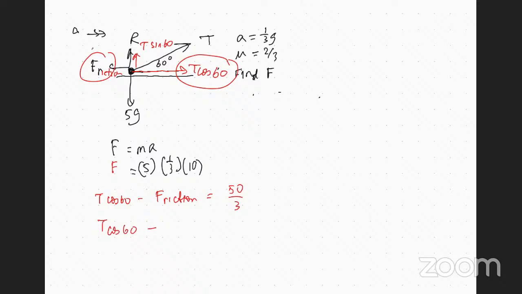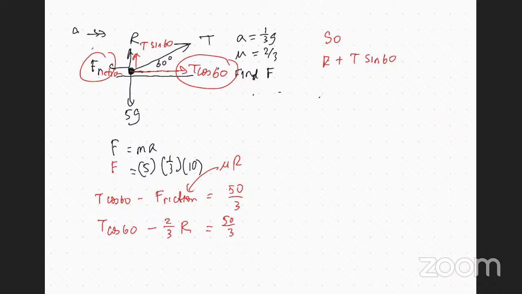We have mu, but we have a problem. We don't know what R is. So we're going to have to find a way to find R. Because the object is moving horizontally, we could say that R plus T sine 60 is equal to 5G.